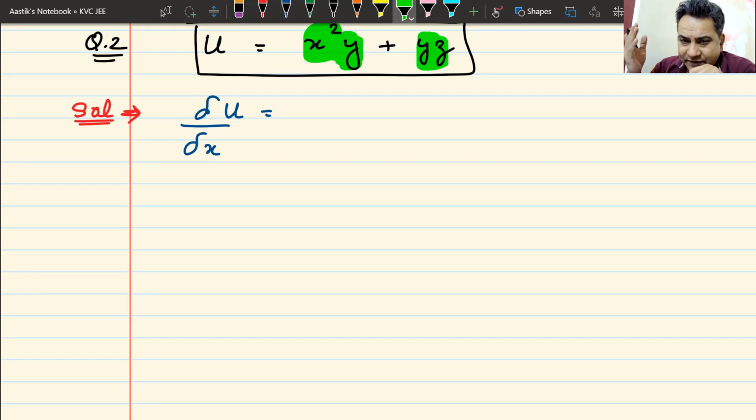The derivative of the second function y with respect to x will be 0 because it's a partial derivative. So I only need to calculate the partial derivative of x squared into y. So it will be y multiplied by the derivative of x squared.